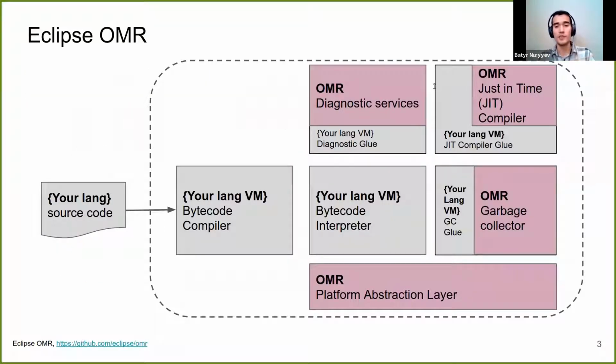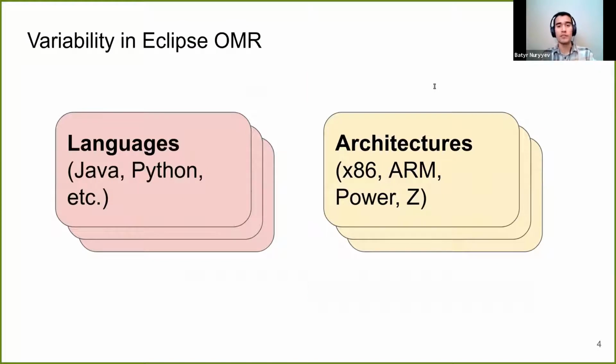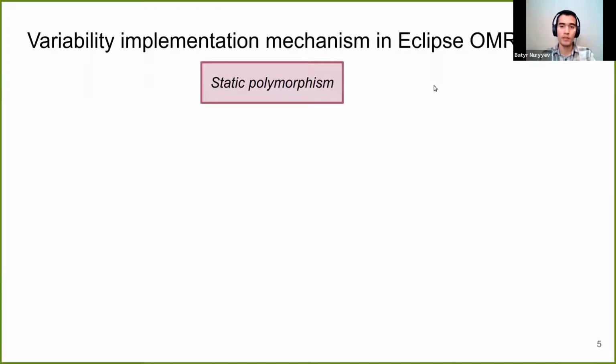In the same manner, since OMR components are reusable and language agnostic, you could use Eclipse OMR to build a runtime for your own language. OMR provides variability across languages and architectures, and to manage this variability, OMR has a non-standard variability implementation mechanism known as static polymorphism. The motivation behind it is that OMR developers want to have all variability types resolved at compile time.